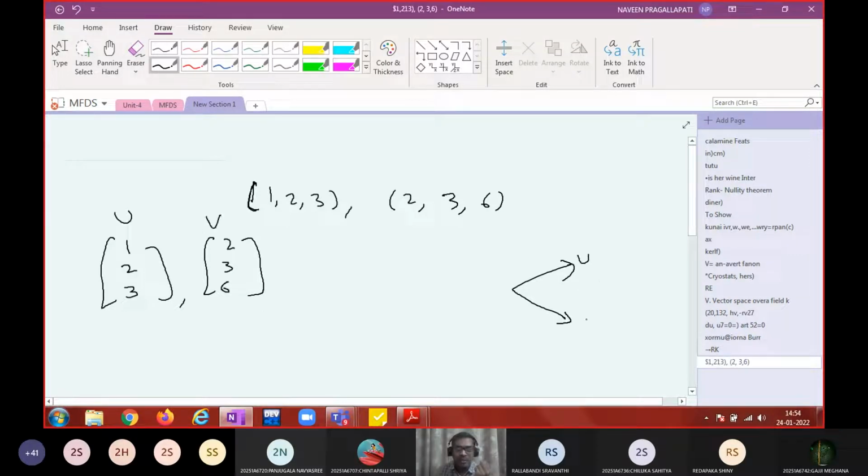If you want to find a vector which is orthogonal to u and v, can you tell me with your previous knowledge, how can you get this vector which is orthogonal to these two vectors? Any idea?